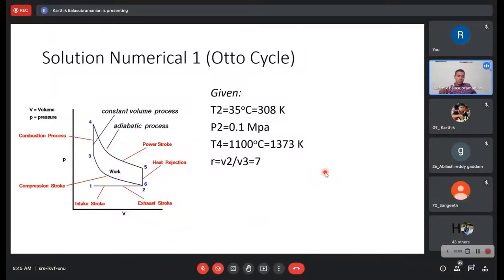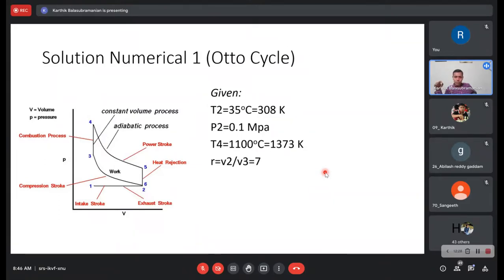Then 5 to 6 is constant volume heat rejection. So can someone quickly say from where to where the piston moves?